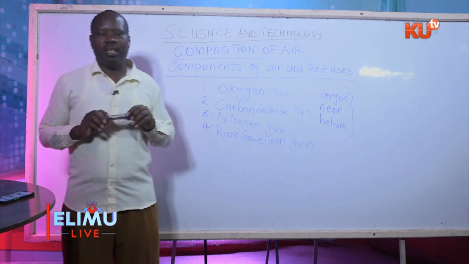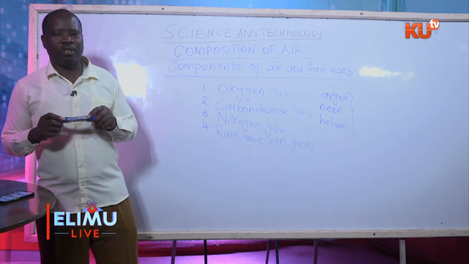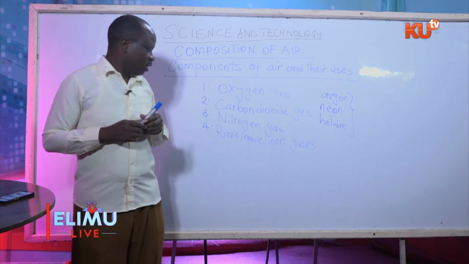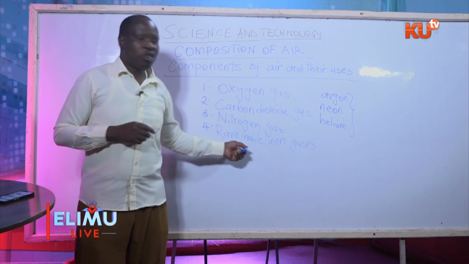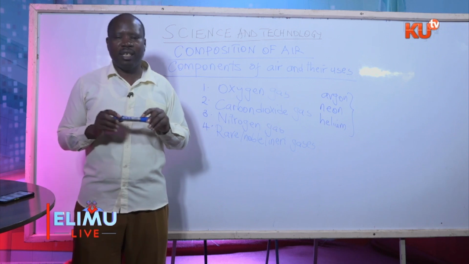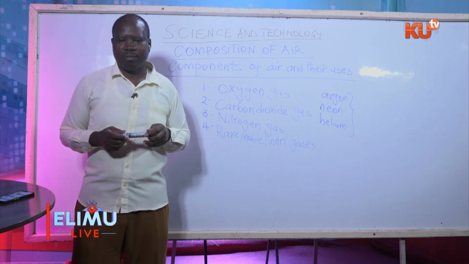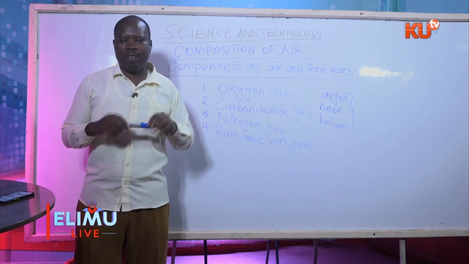That display is an example of a decoration or advertisement using the noble gas. So noble gases are used in decoration or in advertisement. That is the second one, and I've given an example.